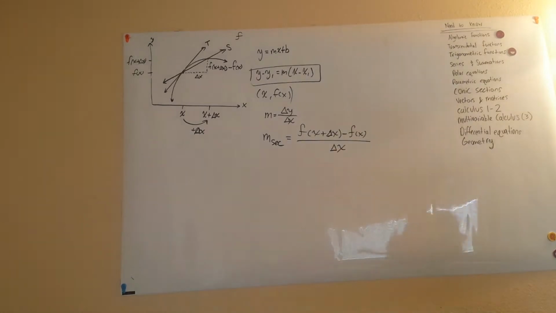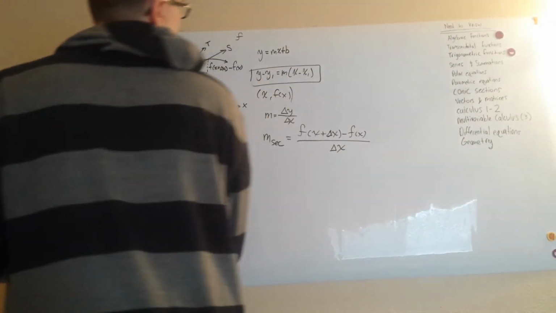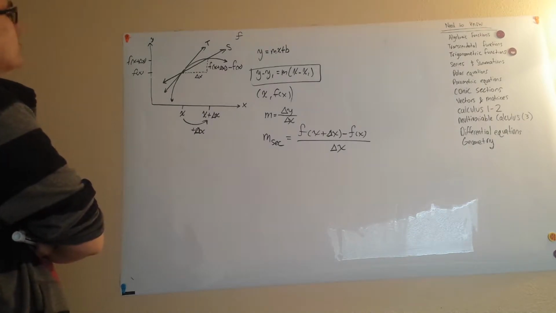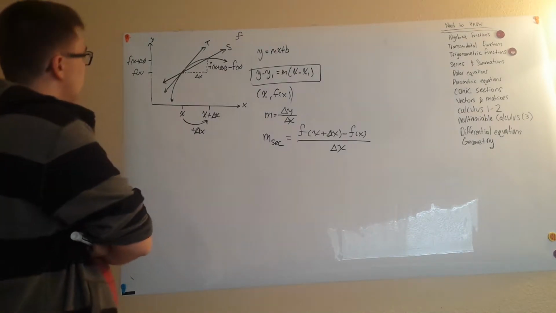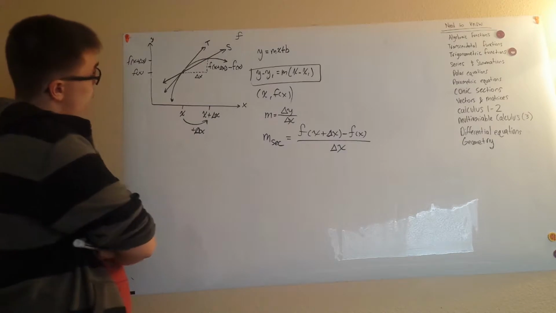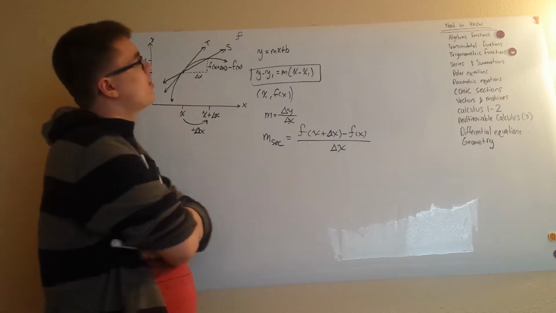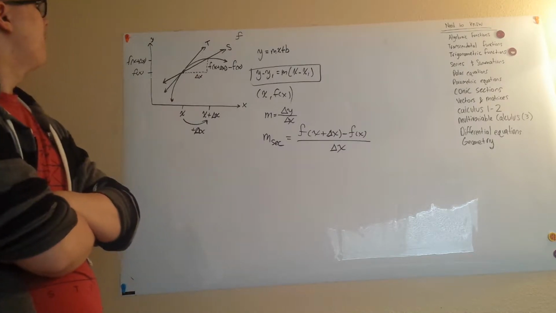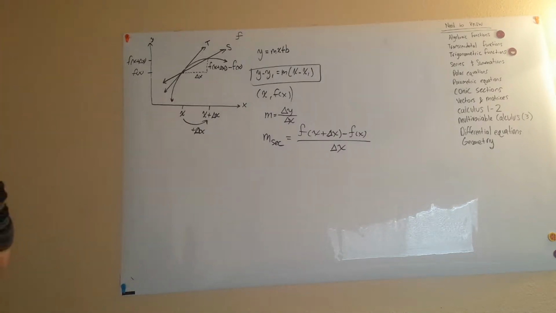Now there's one thing we can do. How can we make the slope more accurate, more closer to the tangent line? Let's think about that one real quick.